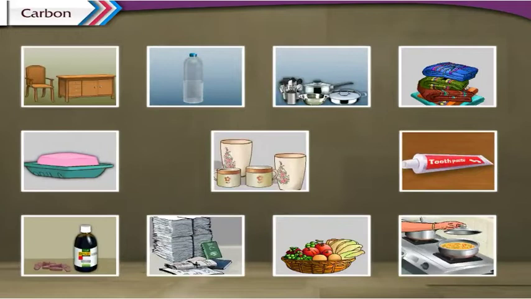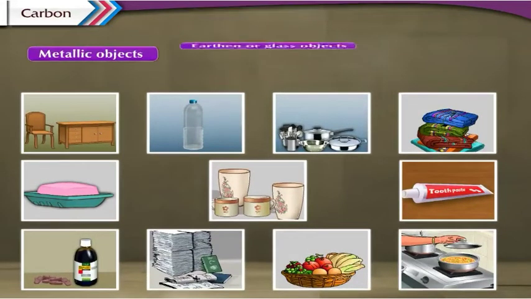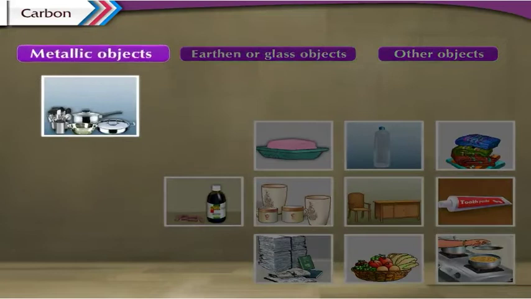Now, let us make a list of some substances or objects that we use in our daily life from morning to night and classify them into metallic objects, earthen or glass objects, and other objects. We use metallic objects like steel plates and bowls for eating food, metal containers for cooking food.